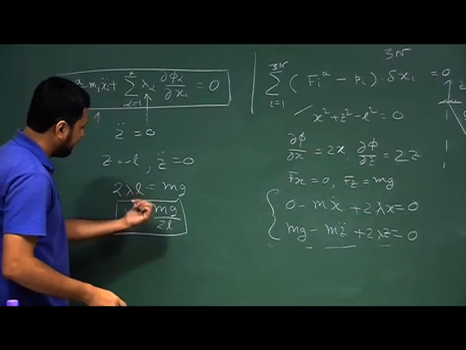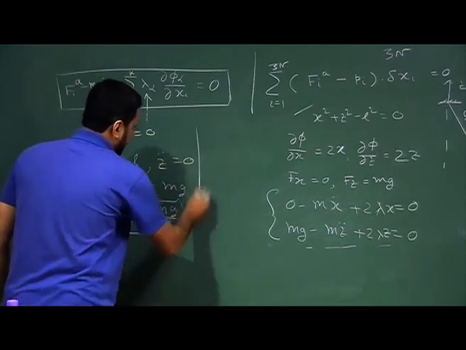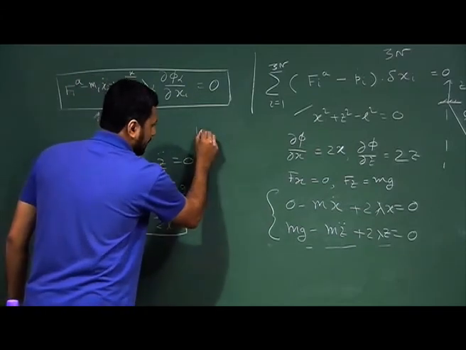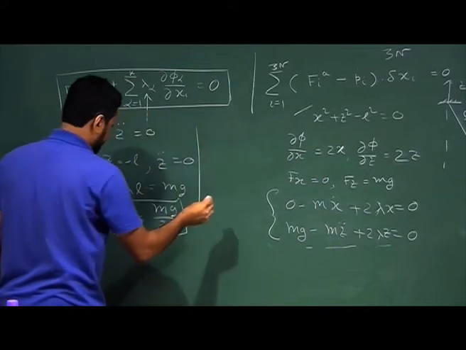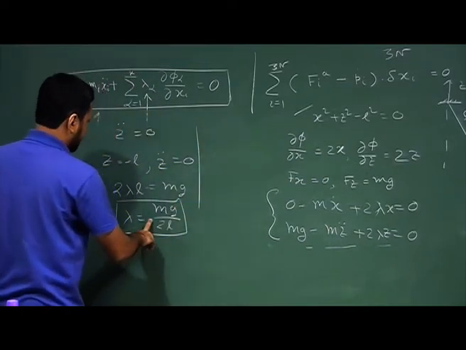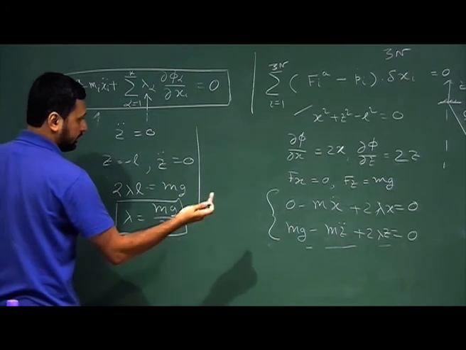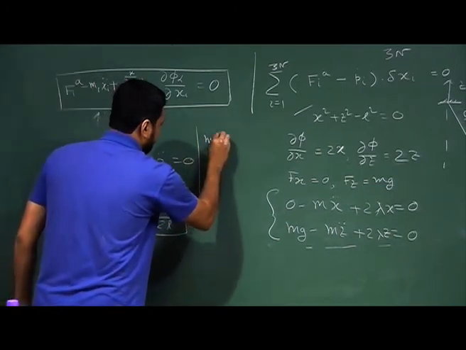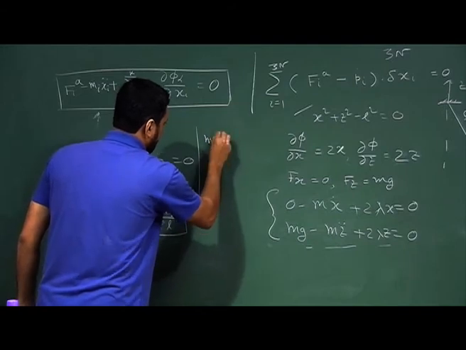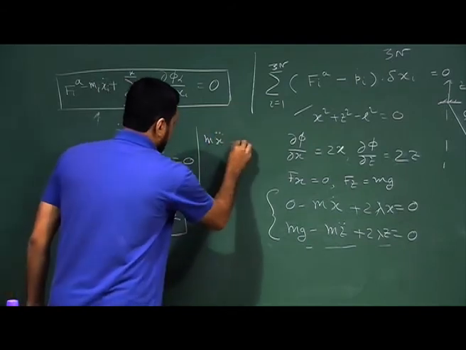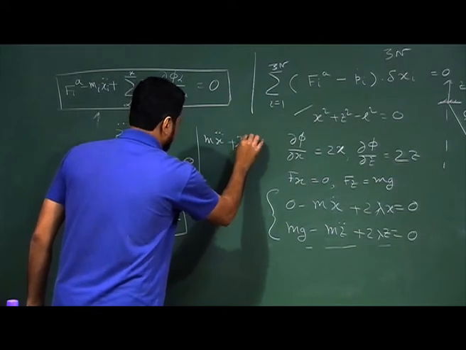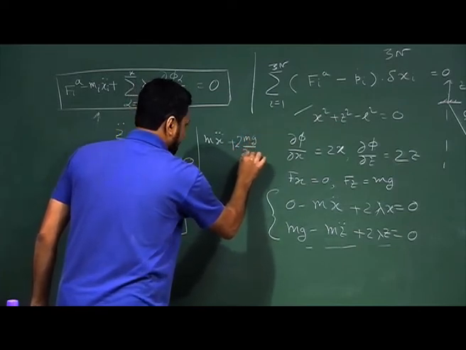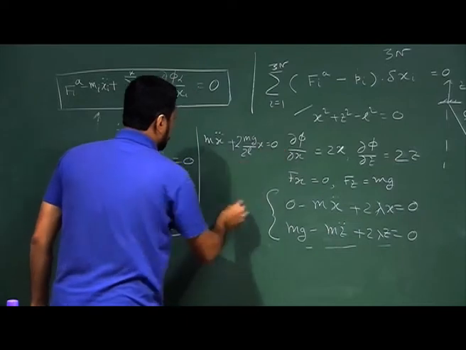Now, if I put it back in the first equation, it will be m x double dot plus 2 into mg by 2L times x is equal to 0.